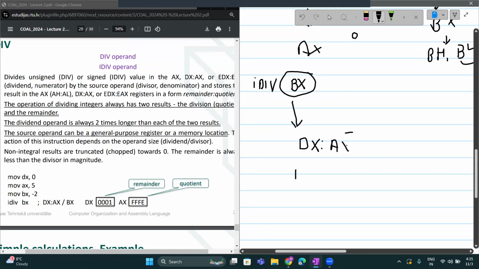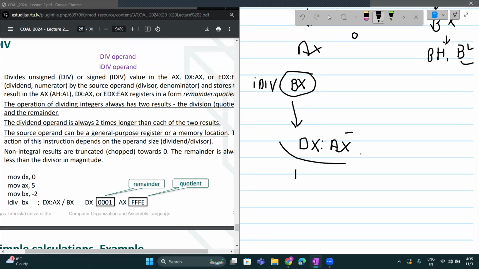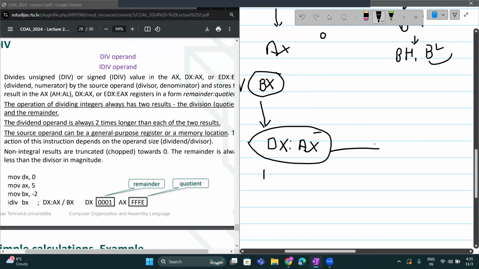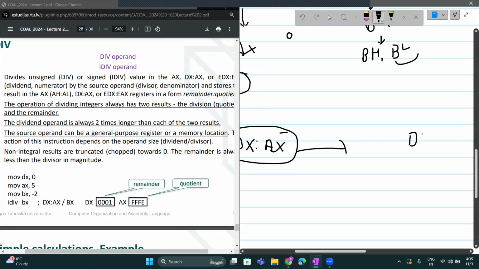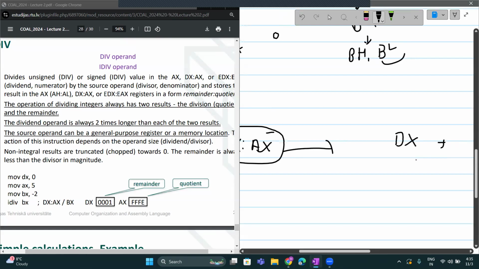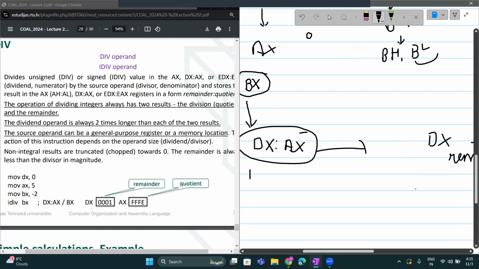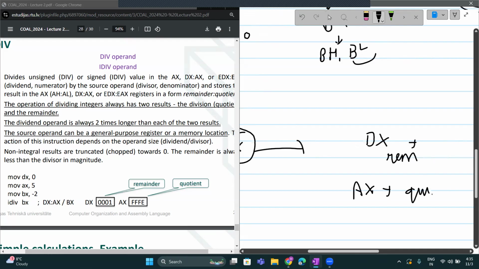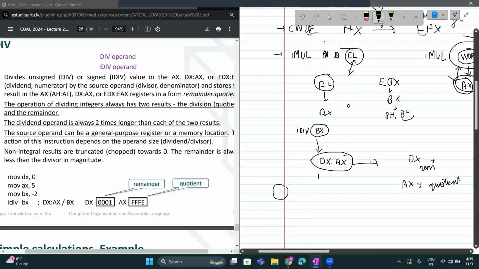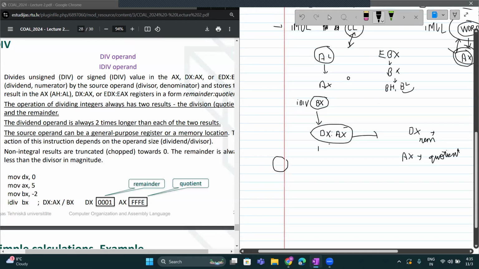So it will divide this whole thing, and the result will be stored like this: DX will have the remainder and AX will have the quotient. It is slightly complicated, but good to know.